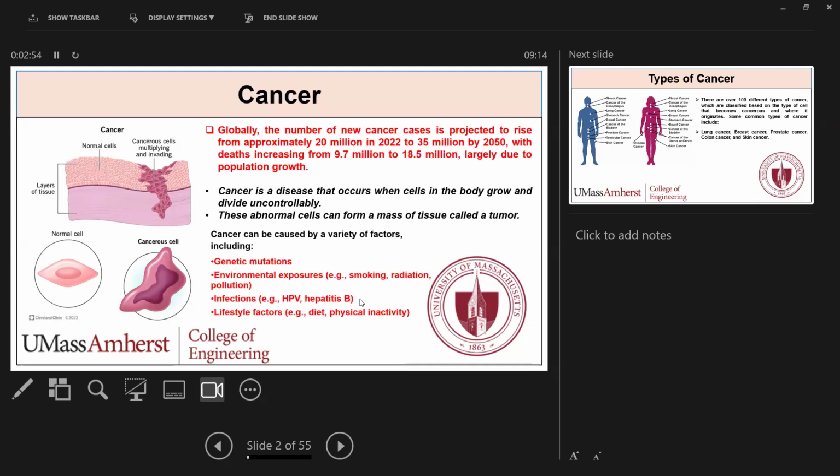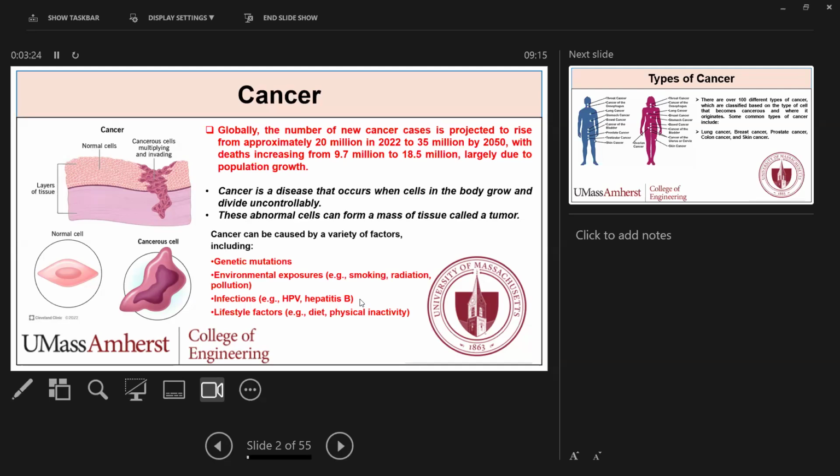Globally, the number of new cancer cases is projected to rise from approximately 20 million in 2022 to 35 million. Can you imagine, almost a 15 million increase by 2050, with deaths increasing from 9.7 million to 18.5 million. From these numbers, you can imagine how deadly it is spreading in the current scenario.